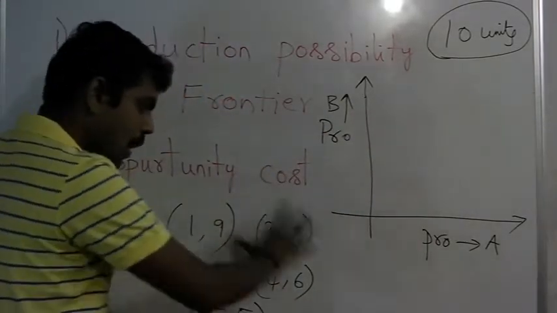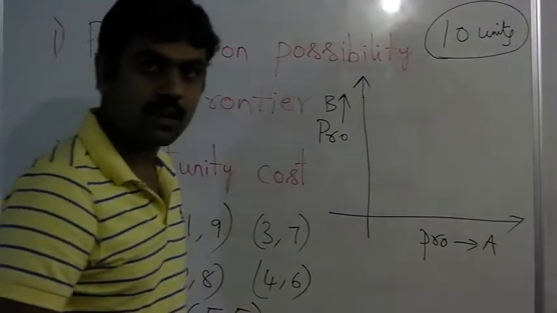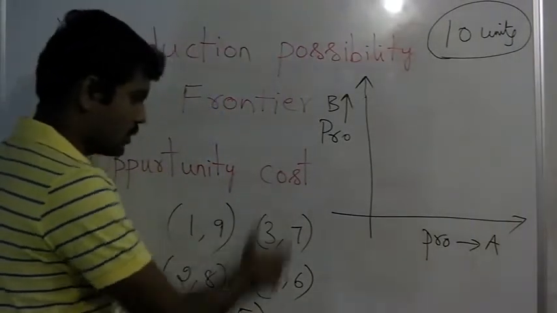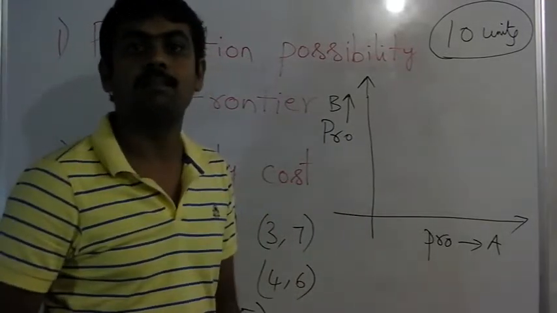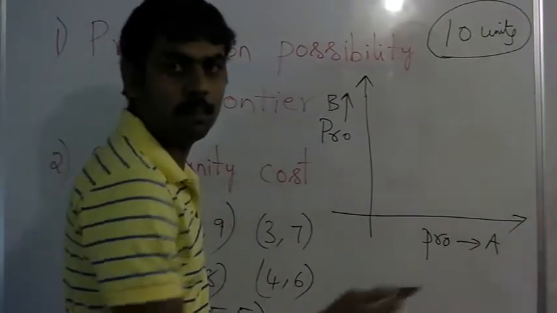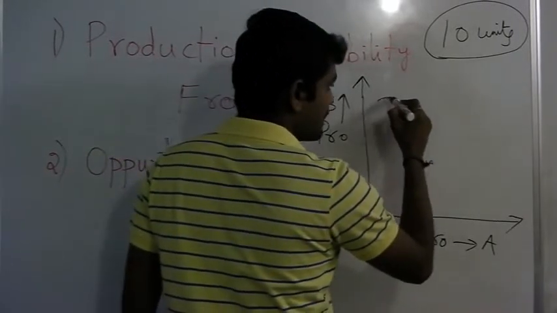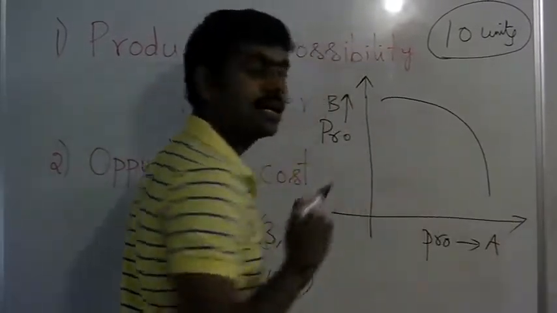So out of the combinations we have, with 1 9, 4 6 or whatever it may be, how many goods of A and B are produced? That we are going to plot here. It may result in this way as a curve.